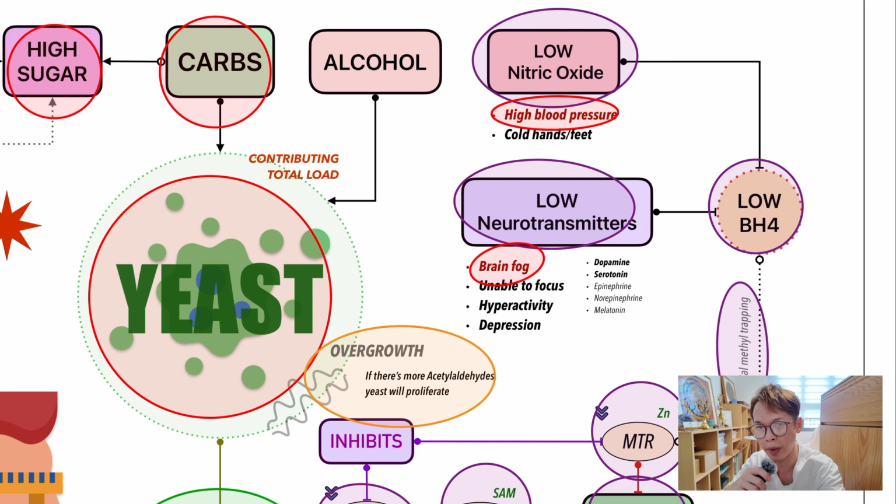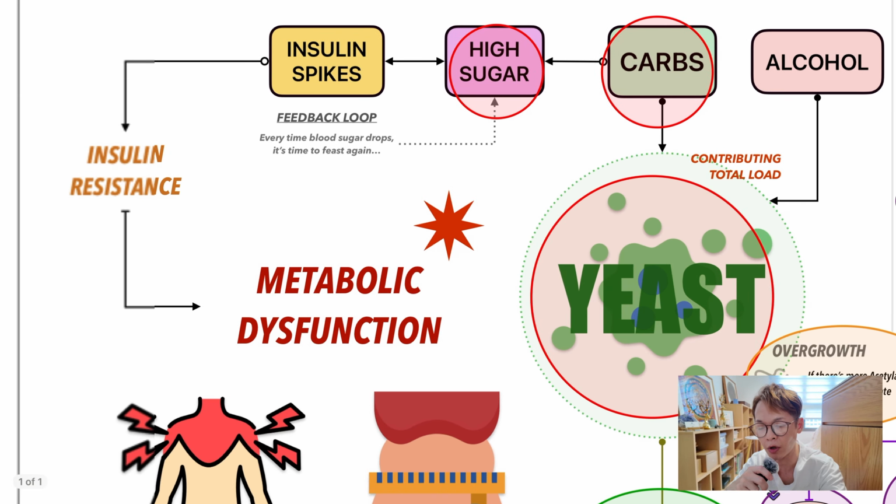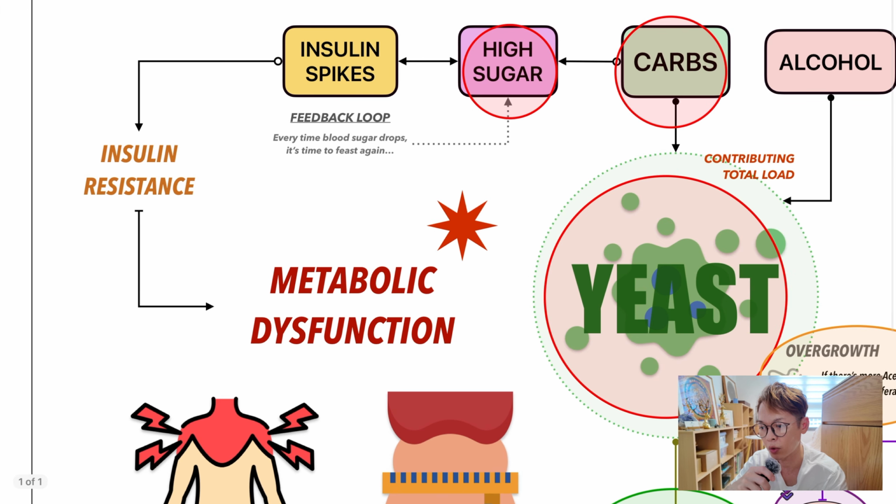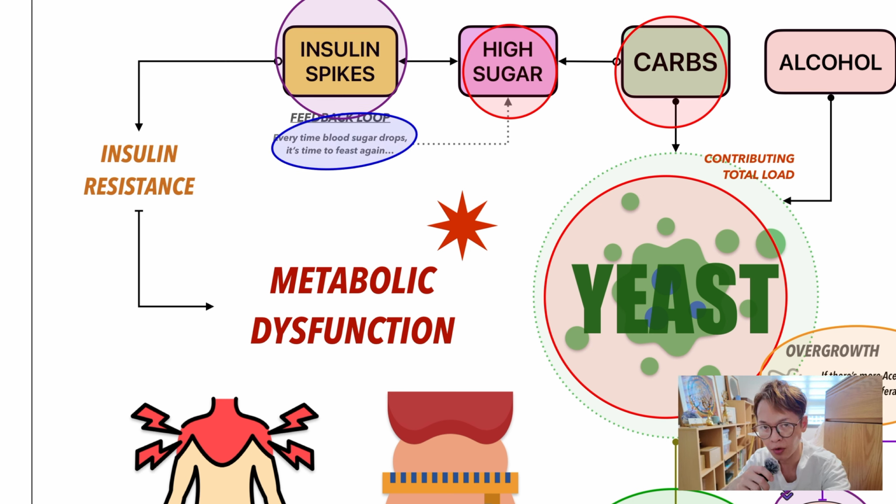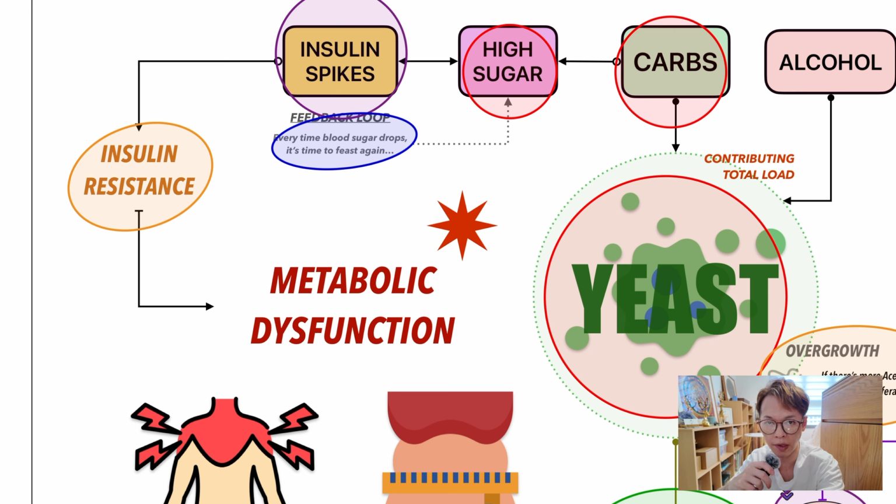So if you shift back to the top over here, whereby you consume a very high sugar intake, you will constantly have these insulin spikes. When your blood sugar is low again, then you will send signals for your body to consume more sugar. So you tend to eat more meals. Then these insulin spikes over time will cause insulin resistance.